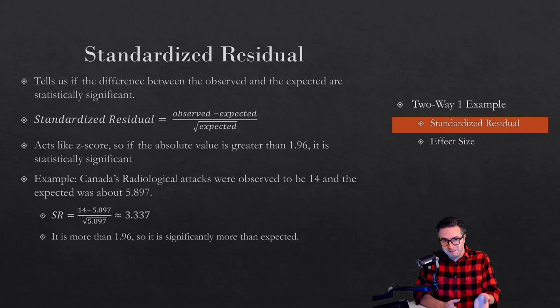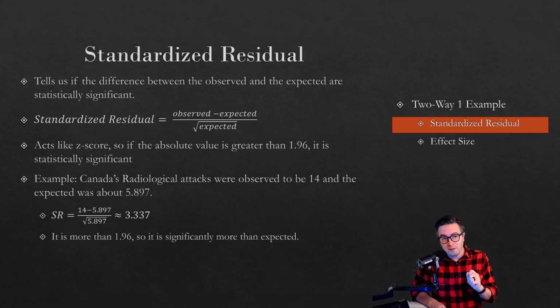It's statistically significant. For example, if you go back, which you can rewind, you'll look at Canada's radiological attacks, which were observed to be 14, and we came up with the expected value to be 5.897. So 14 is a lot more than 5.897.